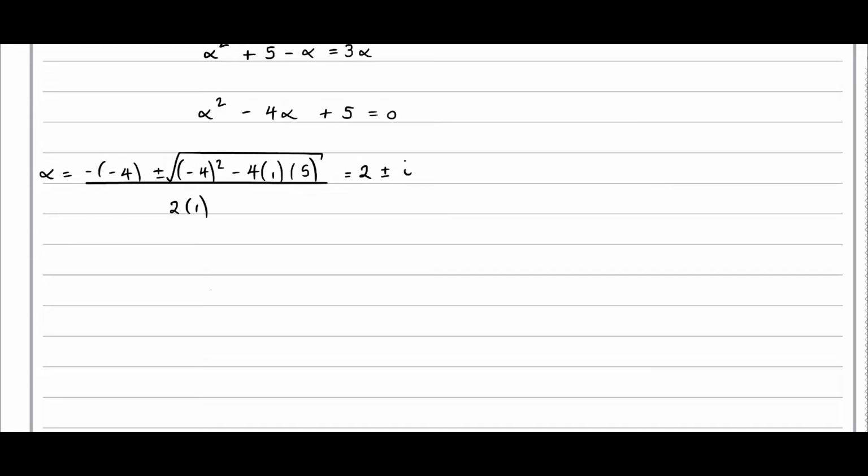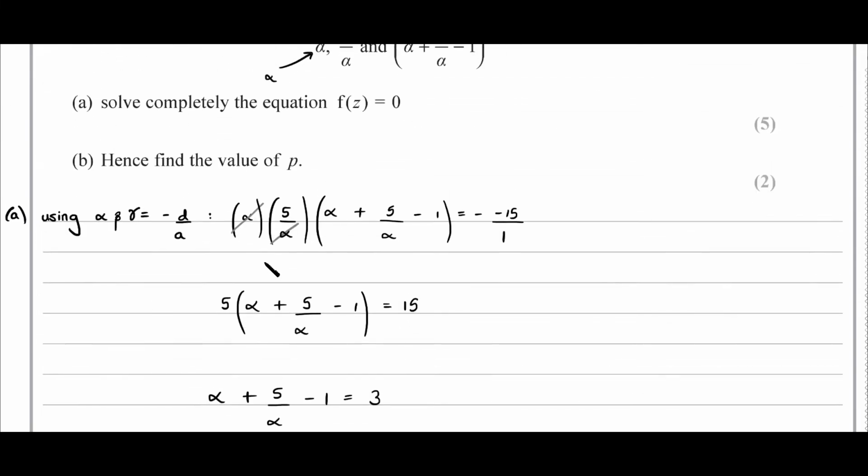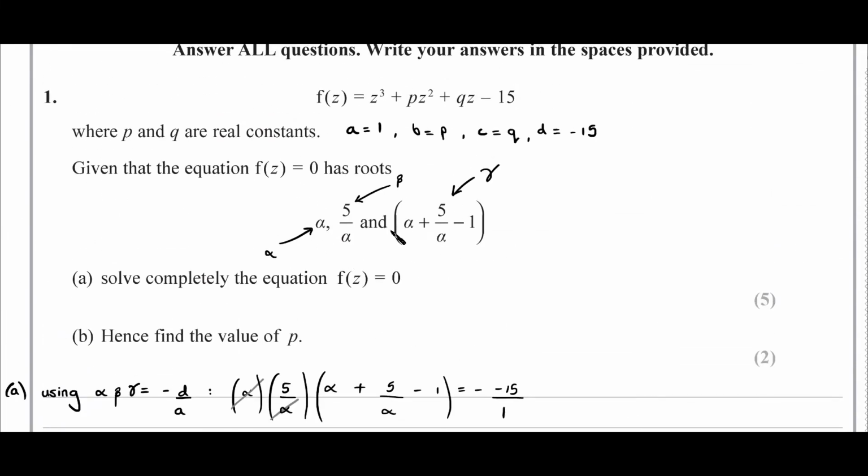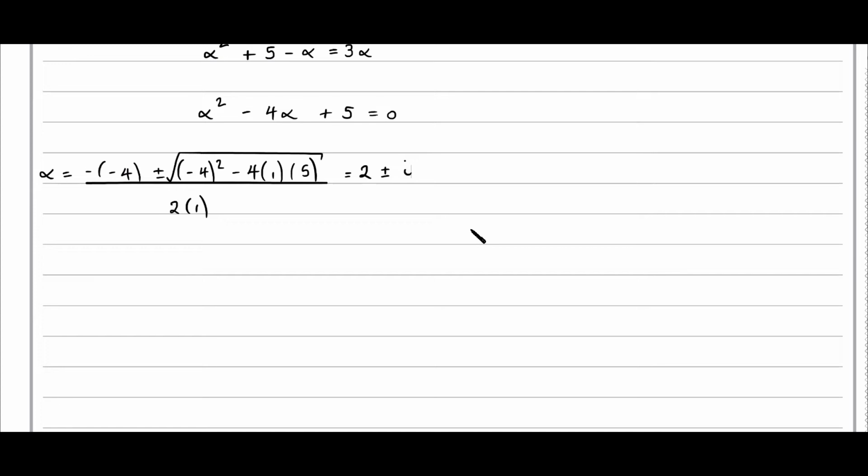Now, we have two roots over here. We can find our third root by substituting into this, alpha plus 5 over alpha minus 1. So with that being said, the other root will be alpha plus 5 over alpha minus 1.